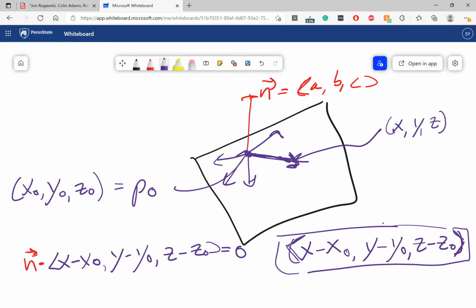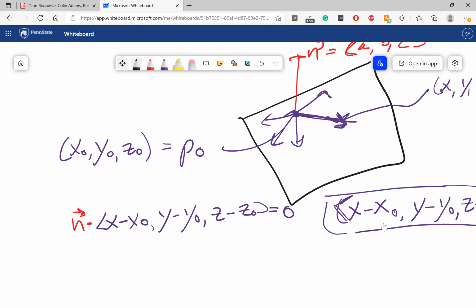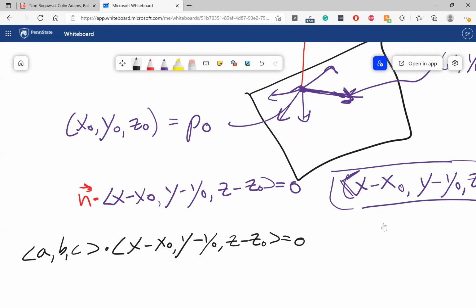So you get 0 because we're dealing with all the vectors which are orthogonal to n. So if I take n and I dot it with these vectors, I get 0. So if I write this out, I get a, b, c, which is my normal vector, dotted with x minus x0, y minus y0, and z minus z0 equals 0. Any questions so far?